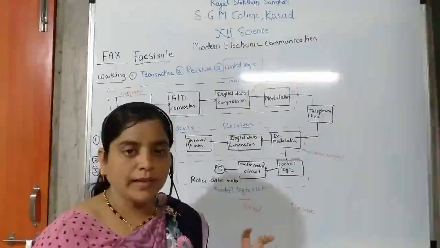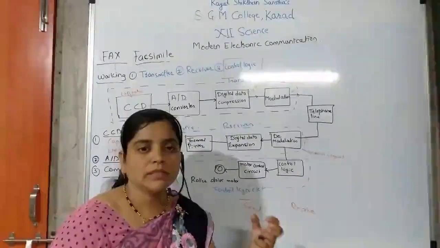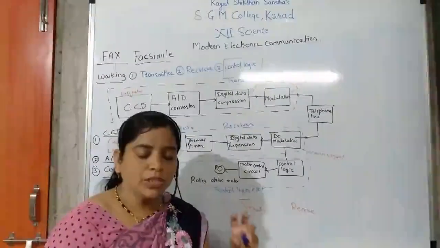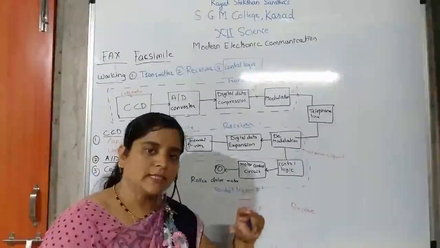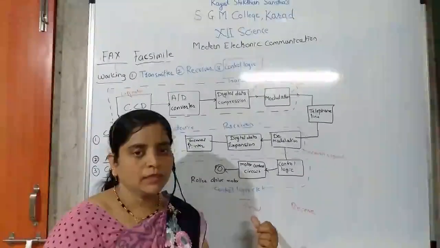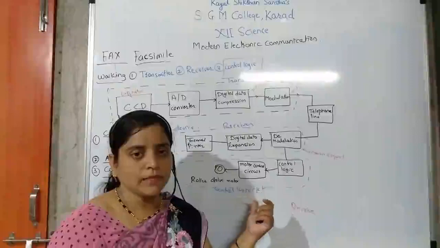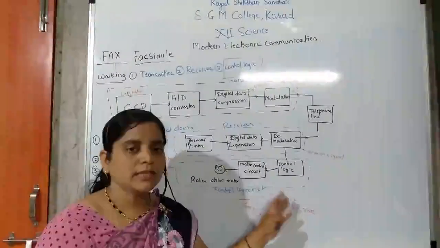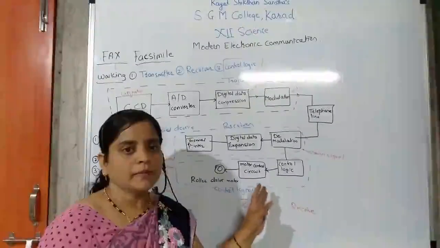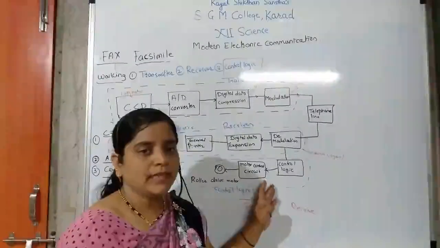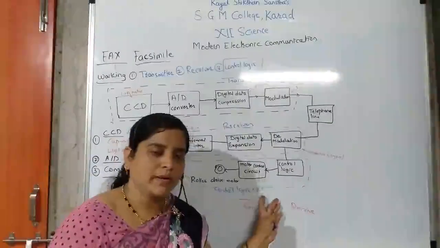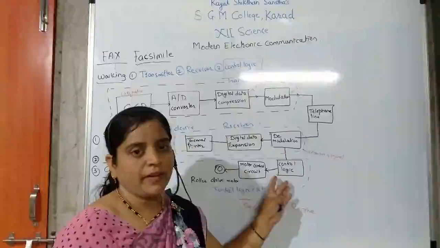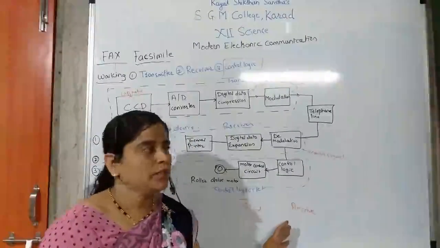If it has received the documents from the fax, it ensures this and sends the same audio signal to the calling machine saying that we have received your documents. Okay, so this is an important concept of fax, and another name of fax is facsimile.